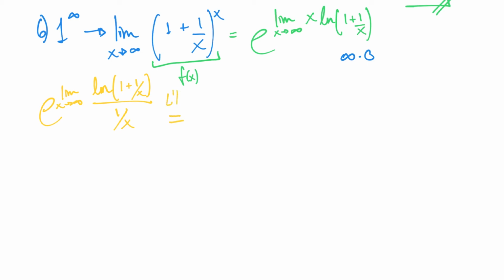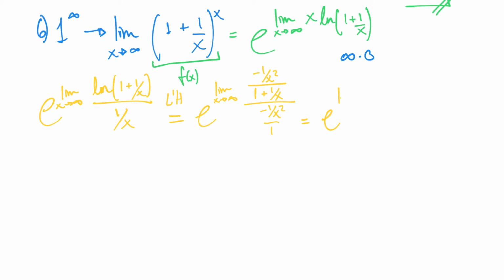Therefore, you guessed it, L'Hopital's rule. This is e to the limit as x goes to infinity, and then I'm going to have negative 1 over x squared divided by 1 plus 1 over x, all this divided by negative 1 over x squared.